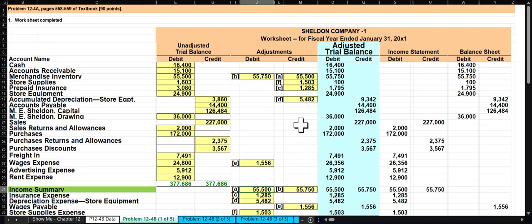Again, following the approach that is used in your book, we close out the beginning and we record the new ending inventory. So now in the adjusted trial balance, what you see here for the inventory is the new ending balance for inventory.